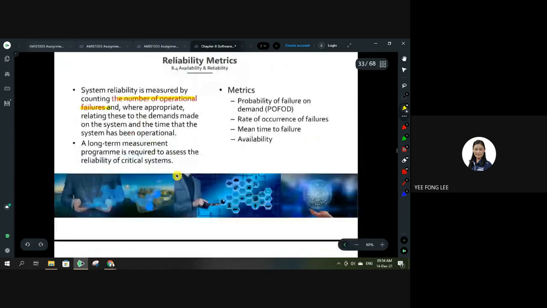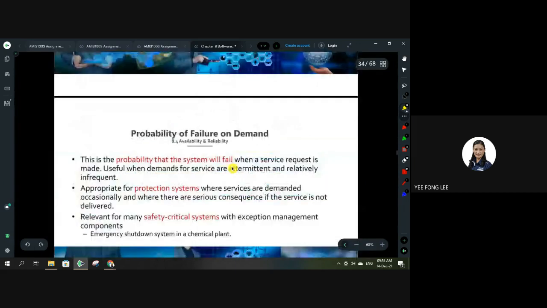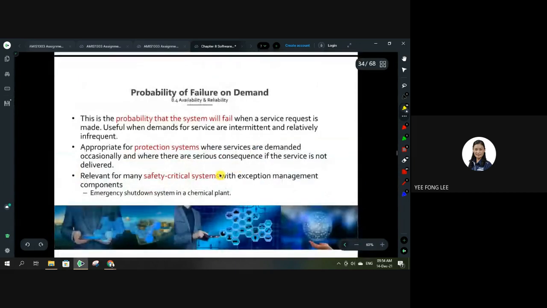This one, POFOD. So when is the time to use this metric?